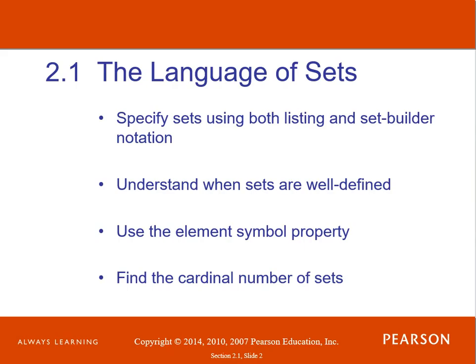In section 2.1, we go over the language of sets. We're going to specify sets using both the listing method, which I also refer to as the roster method. It's basically making a list, but since I'm a teacher, I have rosters, a list of your names.